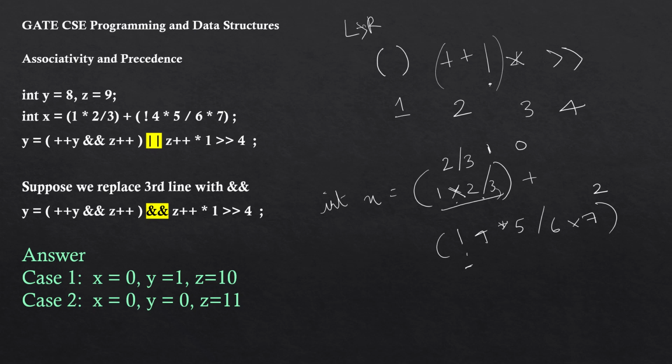So this will get evaluated, then this, these both. So now there's a conflict. We see three operators, all same precedence. How do we evaluate? Based on associativity, which is left to right.